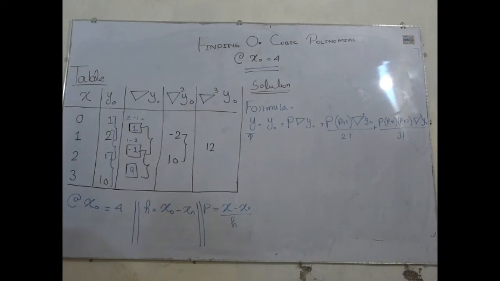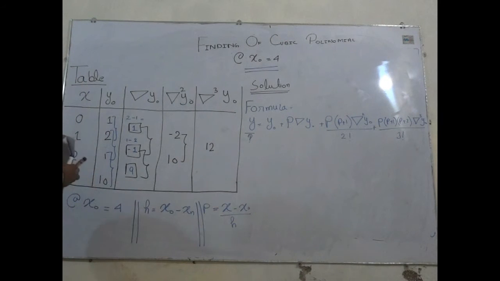1. Now you can see I have to find at x naught is equal to 4, which is beyond this table. So I have to do backward method of cubic polynomial. There are two kinds of polynomial function methods present. One is forward and the other one is backward. We have to use one according to our question.